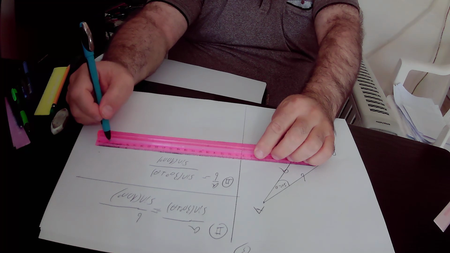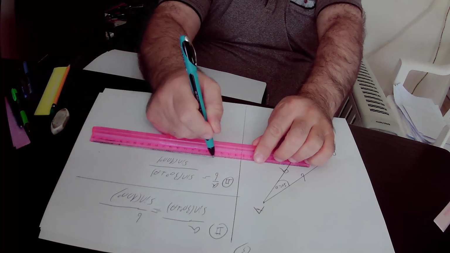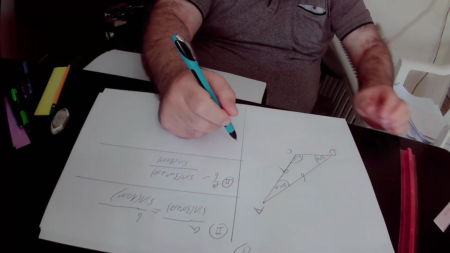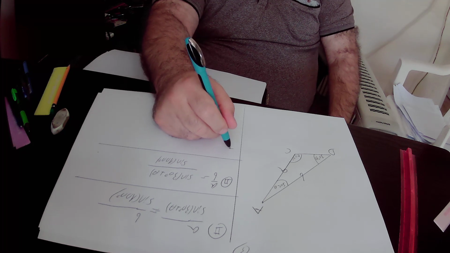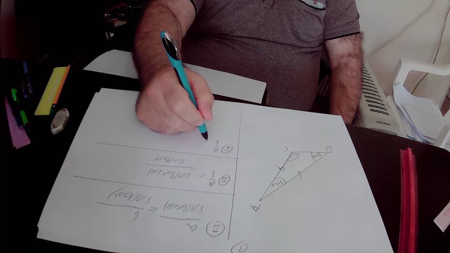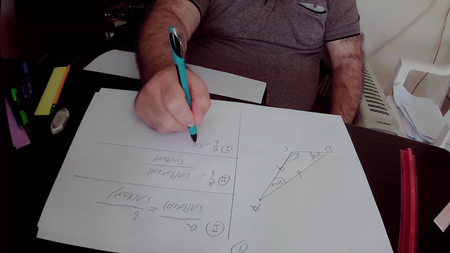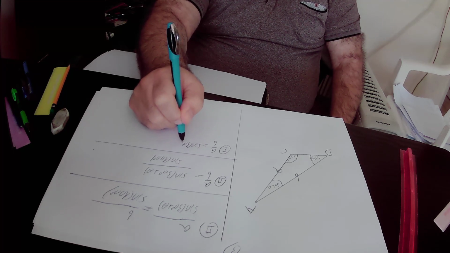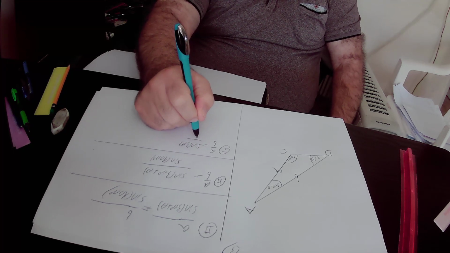This is according to equation number 2, but according to equation number 1, we have already found out that A over B equals sine 30 degrees over sine 50 degrees.